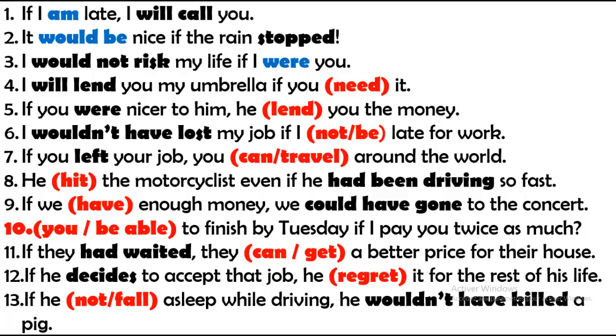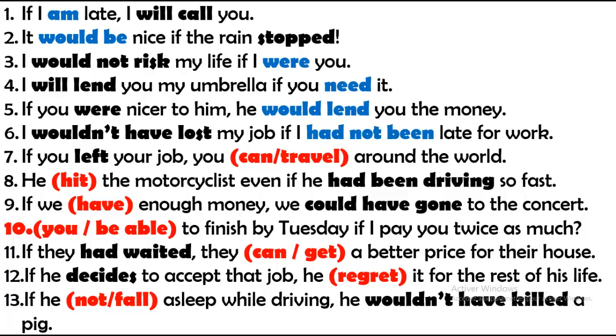I will lend is the future, and the future goes with the present, need. Number 5, if you were, is preterite, and the preterite goes with a simple conditional, would land. Number 6, I wouldn't have lost my job, wouldn't have lost, past conditional, past perfect, had not been.